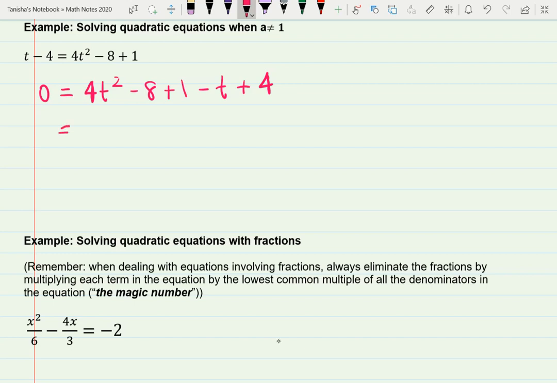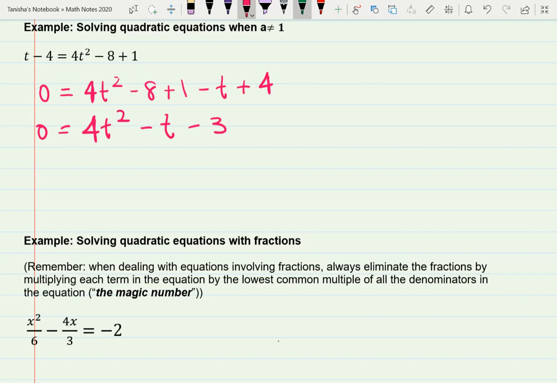Collecting our like terms, we have 4t squared minus t, negative 8 plus 1 plus 4 is equal to negative 3. So this is a complex trinomial. We're going to factor this using guess and check.